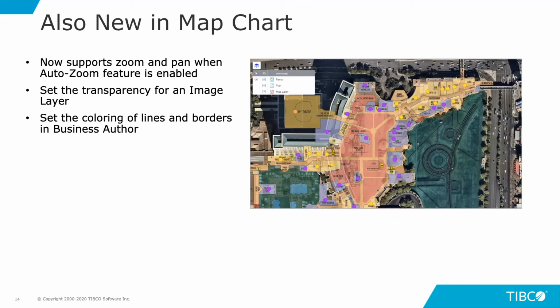This is one of the top enhancement requests we had for the map chart. And it is now also possible to set the transparency of the image layer. And authors using the Spotfire web authoring tool, the Spotfire business author, can now configure the coloring of lines and borders for feature layers, which was not possible before. We'll give you a quick look at those map chart enhancements.